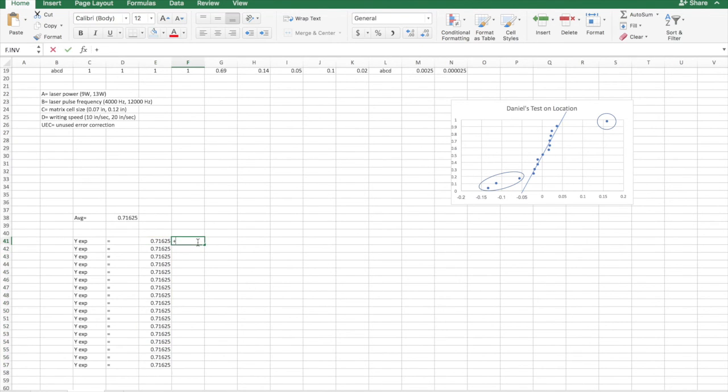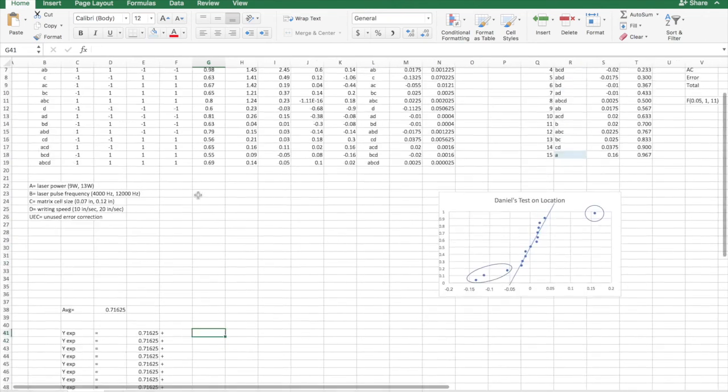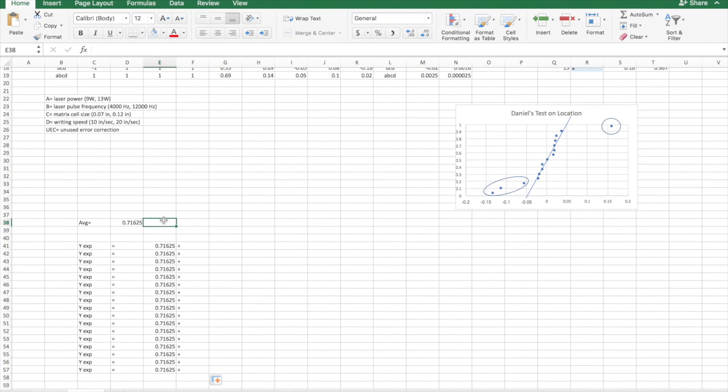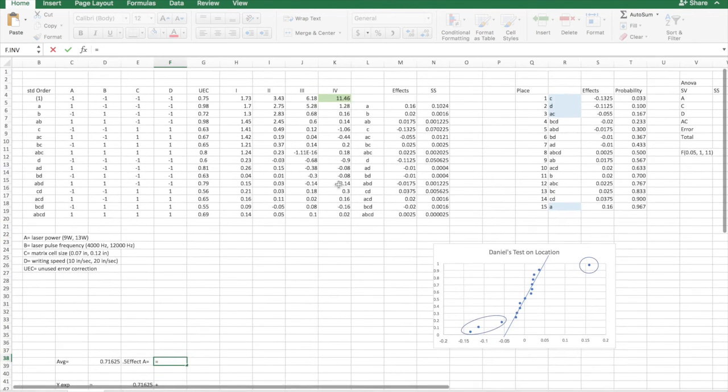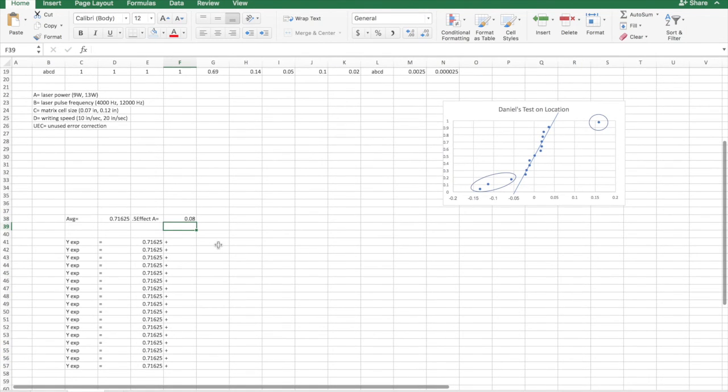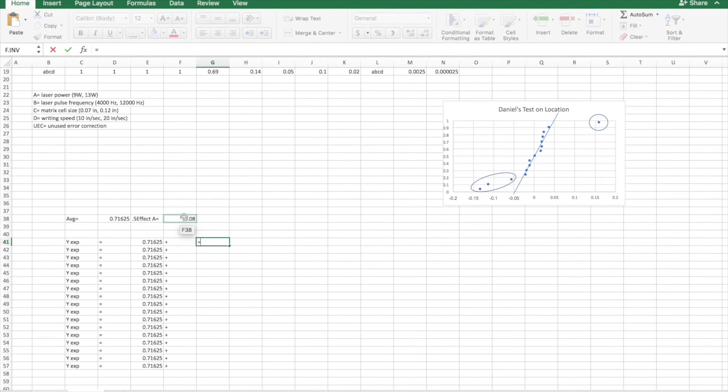And then we have to add the plus sign. It's going to be 1/2 the effect of A. So we have to calculate 1/2 the effect of A, which equals the effect over 2. So we select it.